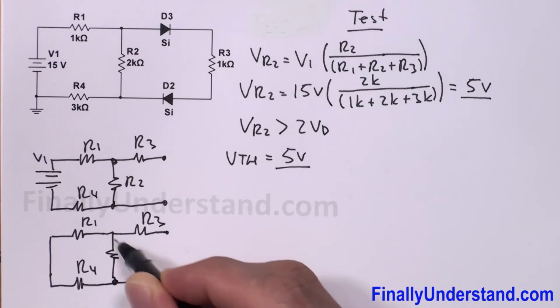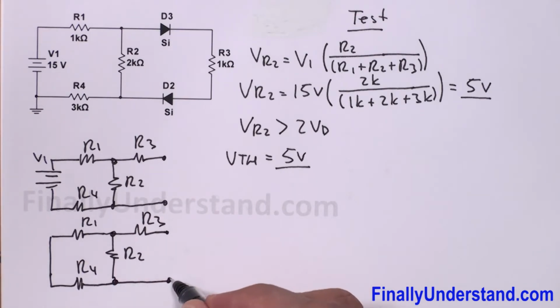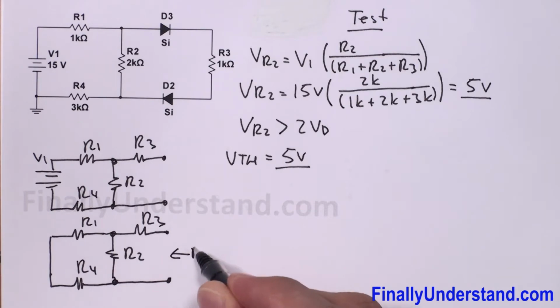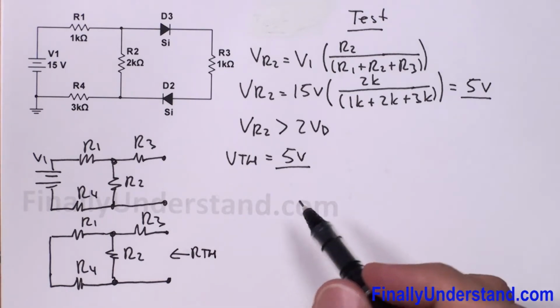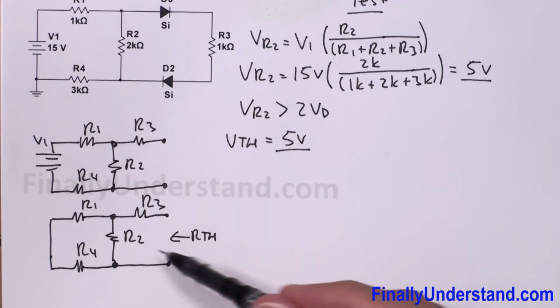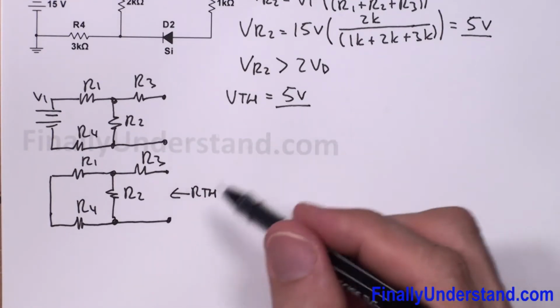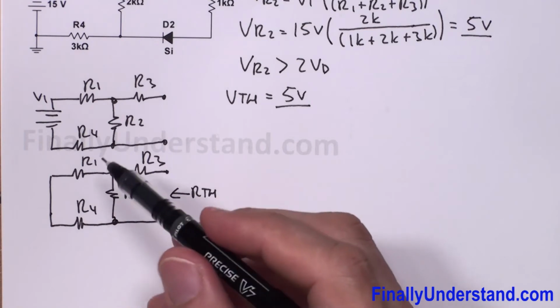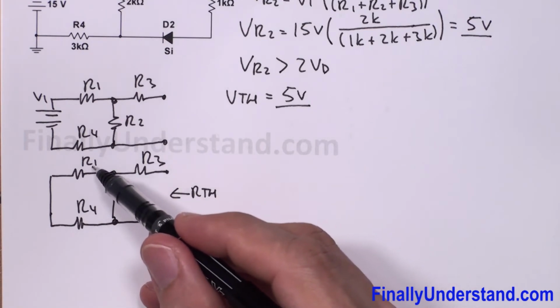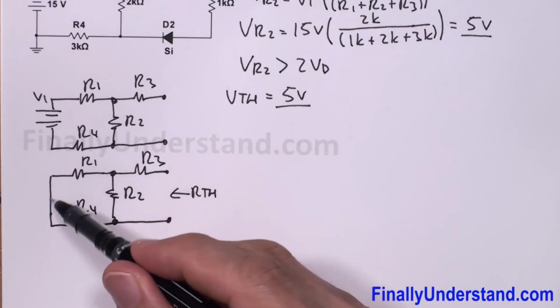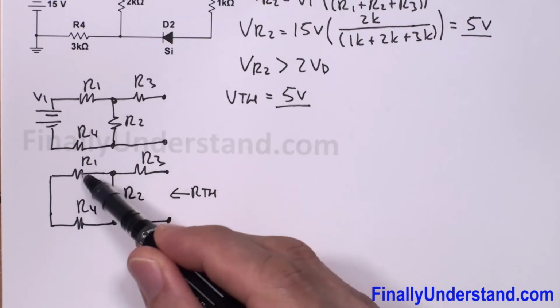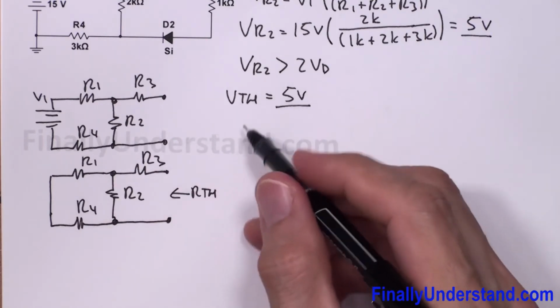Next, I'm supposed to find my RTH, in other words, the total resistance of this circuit from this side. So the very first thing which I'm going to do is find the resistance R14. I'm going to connect these two resistors in series. They're already connected, but I'm going to make the calculations.